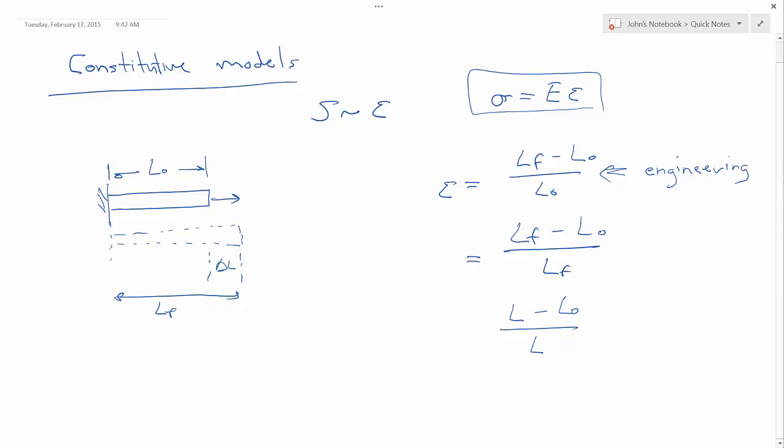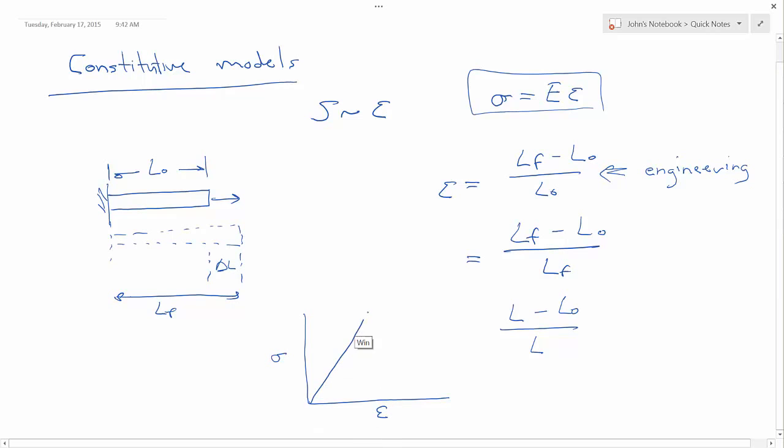It's very important to label your strain or understand which strain you're talking about. When you have a constitutive model that's linear elastic, you have stress versus strain and the slope of it is E. Typically most materials are only linear elastic for a very small amount of strain, like a fraction of a percent.